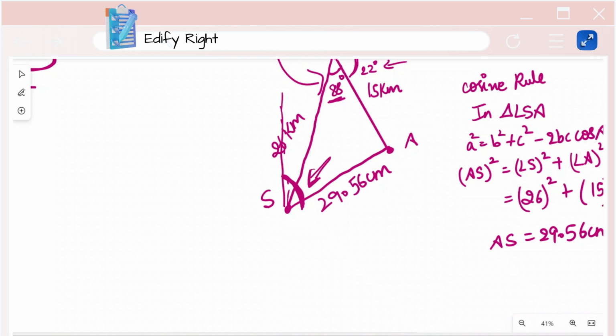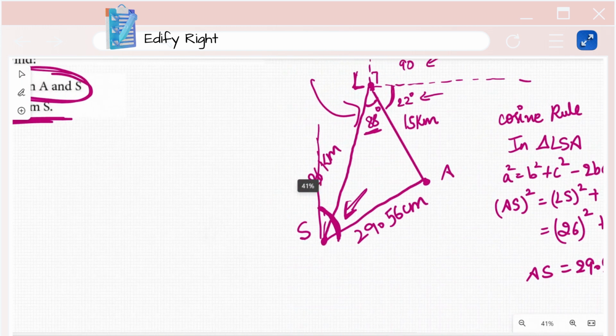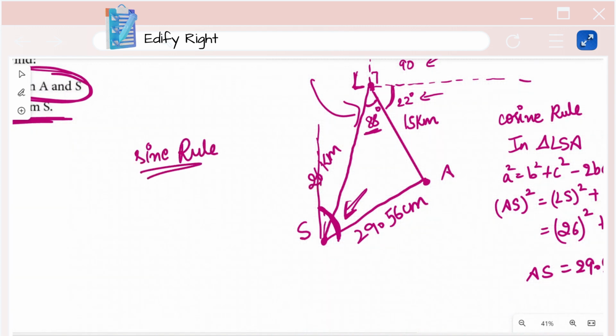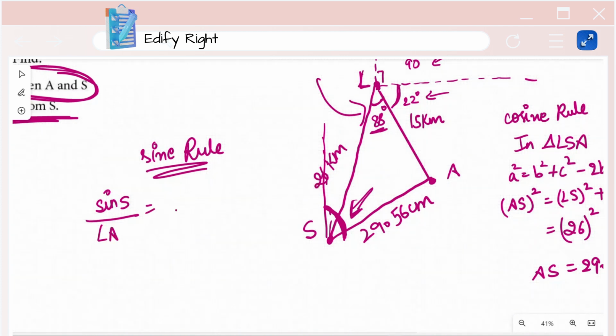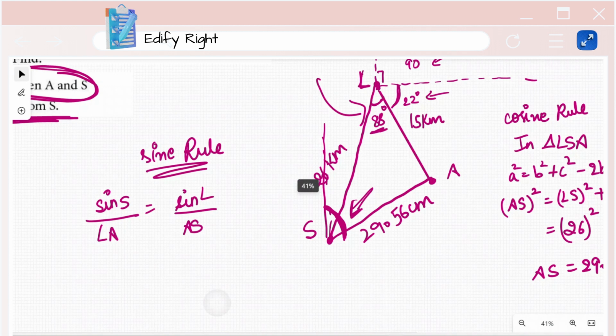First let's try to find this part. This can be found out by using the sine rule. I'm going to use the sine rule here for the same triangle. That would be sine S upon the opposite side. The opposite side is what? LA, right? And then that is equal to sine L upon the opposite side. What's the opposite side of L? AS.